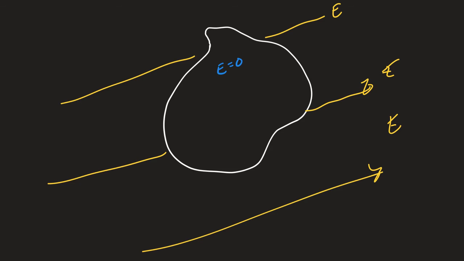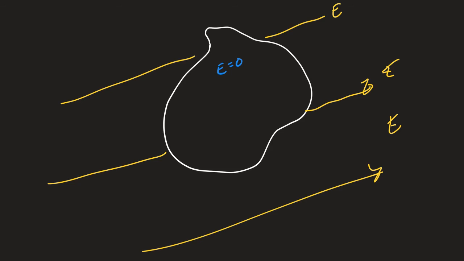Now, if you do have a strong electric field out here, it's going to push the charges around. The charge distribution on this will not be uniform. It wouldn't have been uniform before because it was irregularly shaped. The charges on an irregularly shaped conductor will configure themselves so that the electric field is 0 inside.